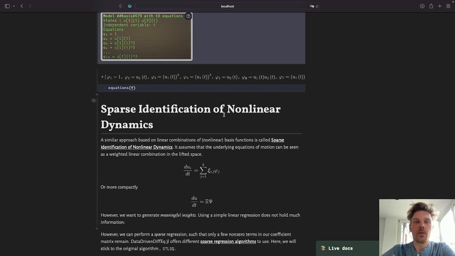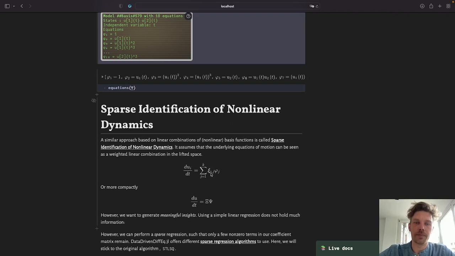So we want to use SINDy, or sparse identification of nonlinear dynamics, which was introduced by Kutz and Brunton in 2016, which assumes that we can write out the equations of motion as a basis expansion in some nonlinear observables.